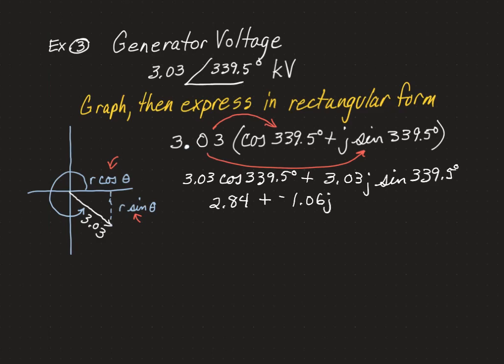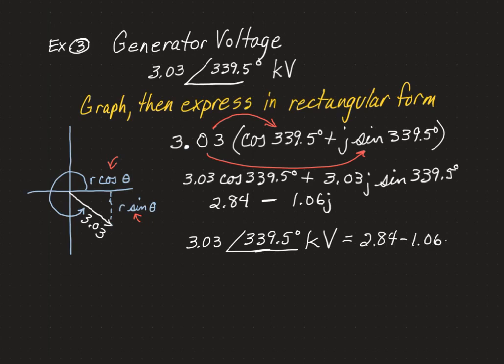So we're just going to erase this and combine it by adding a negative being the same as a subtraction. So there it is in rectangular format. Here's where we started, and then this is where we wound up. And that is in kilovolts.